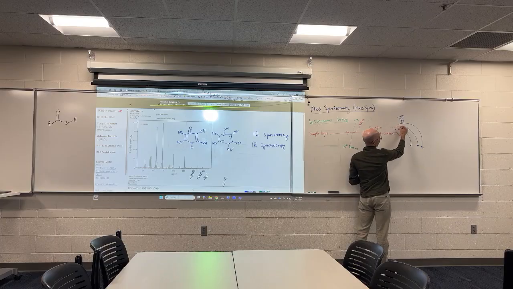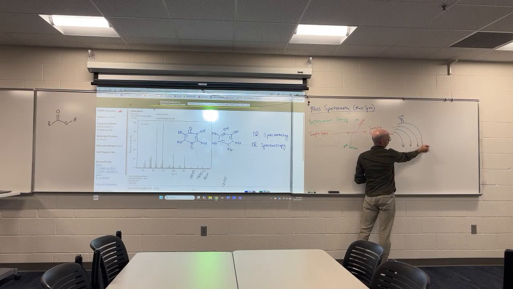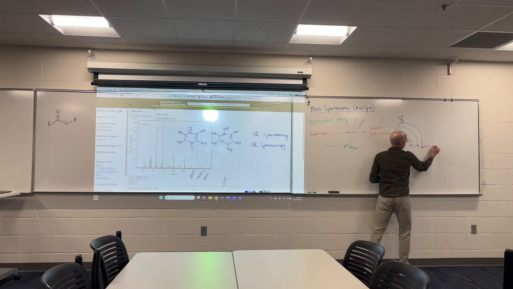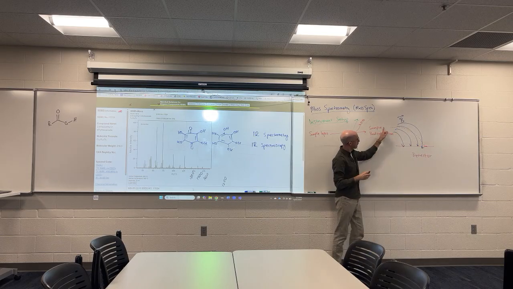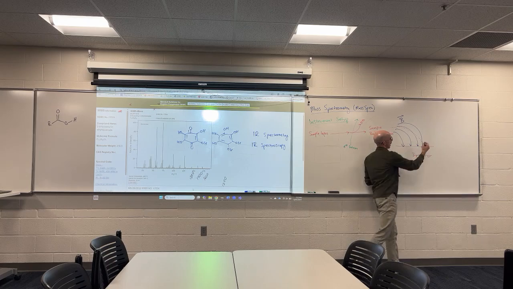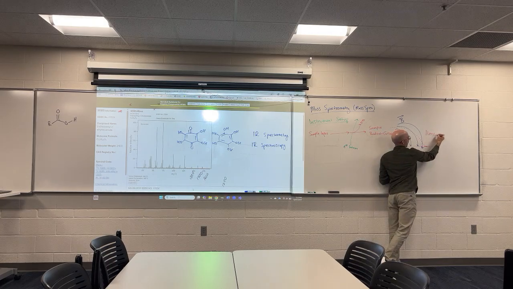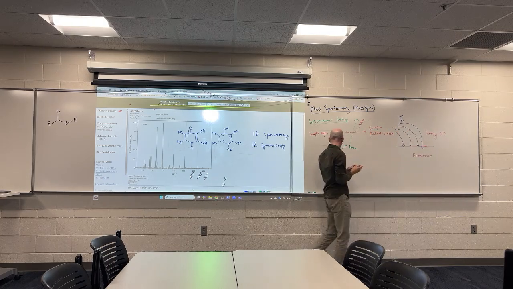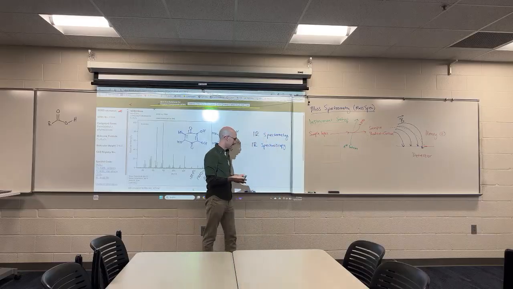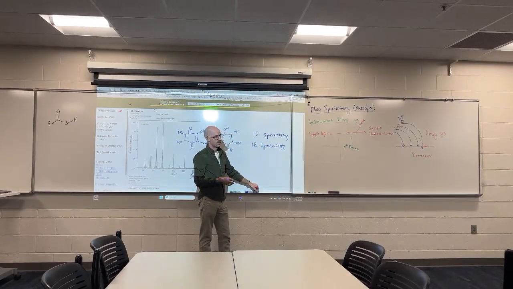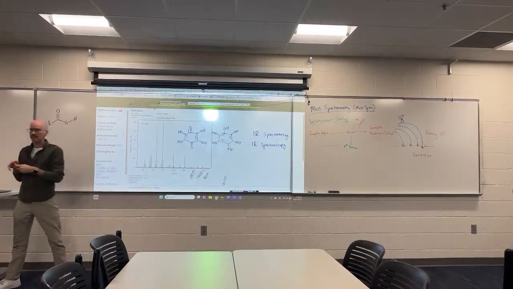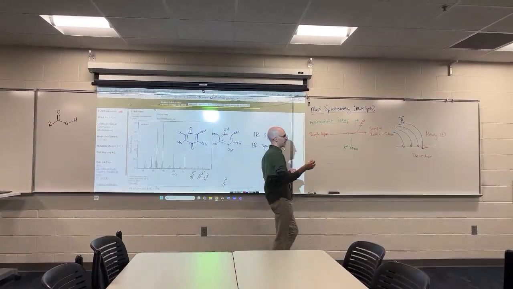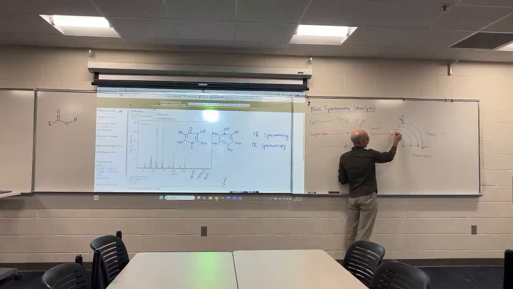And so as they're moving forward, they get drawn in by the magnetic field, and then they hit the detector, but they hit the detector on this far side. If you have a lighter cation moving at the same speed, it has less momentum. It's actually easier to move, so it gets pulled by the magnetic field faster.